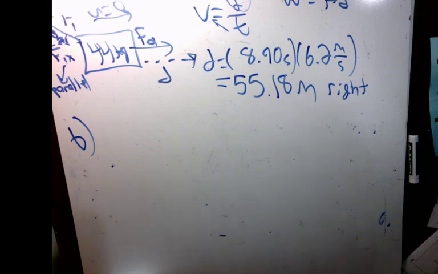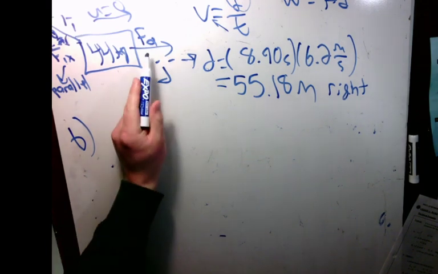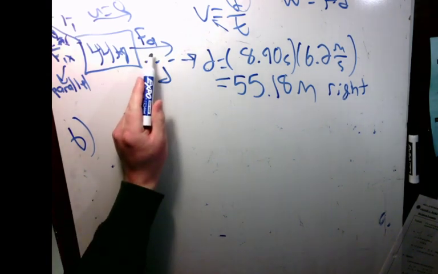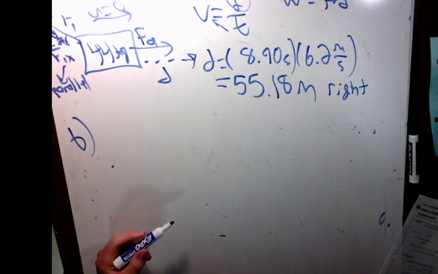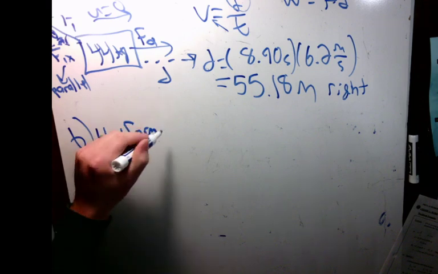And this is where we can use a couple different methods. So we don't know the value for F2, right? We weren't given it like we were for F1, but we do know that we have uniform motion, 0 acceleration.